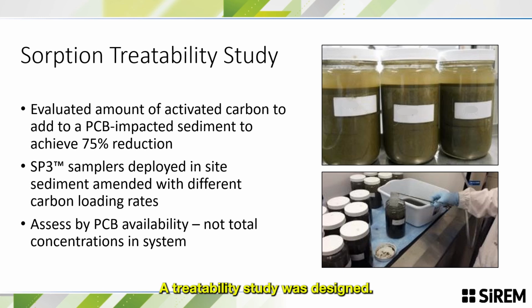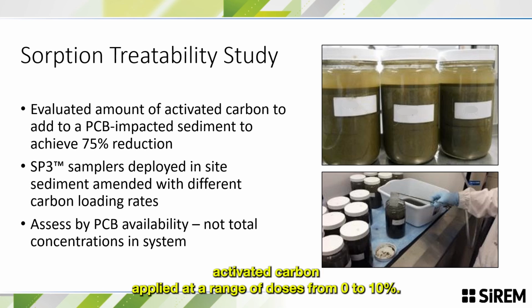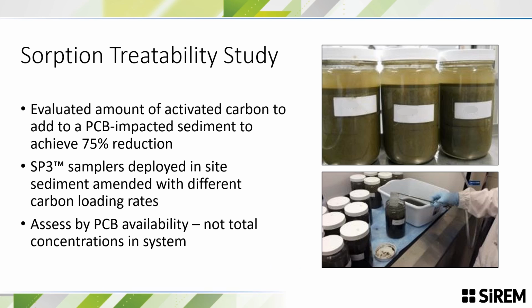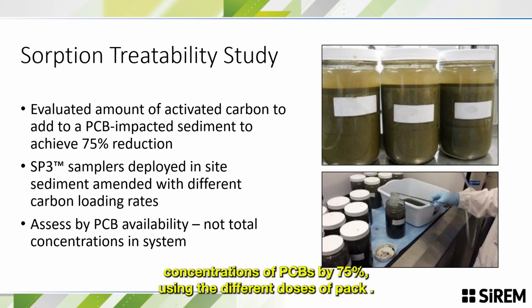A treatability study was designed that used site sediment, site surface water, sand, and powdered activated carbon applied at a range of doses from 0 to 10%. The treatment target for the treatability study was to reduce the pore water concentrations of PCBs by 75% using the different doses of PAC.